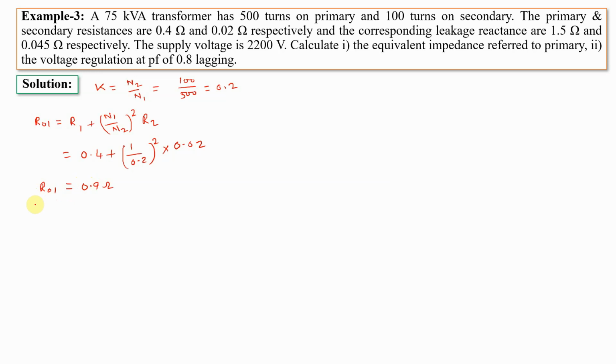In the same process, find the value of X01. It will be X1 plus (N1 by N2) whole square into X2.